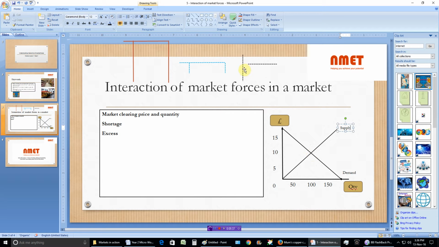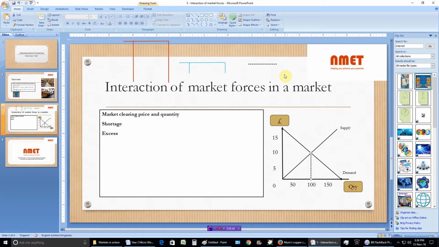Now where they intersect, if I point from this to the price line, I can say at £10 the quantity demanded of that particular good is 100, and so the supply is at £10, the quantity supply is 100. The market is clearing, there is no stock remaining.